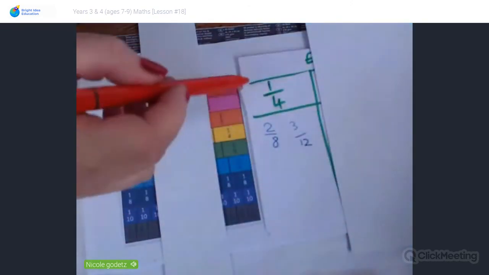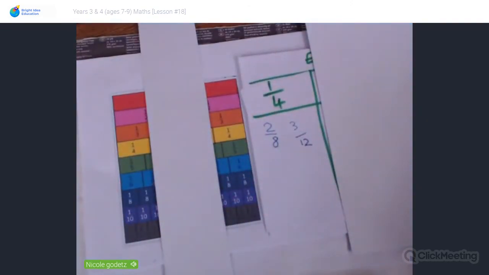Now, using that ratio where the bottom is 4 times as big as the top, tell me how many 16ths are equal to 1/4. 4/16.